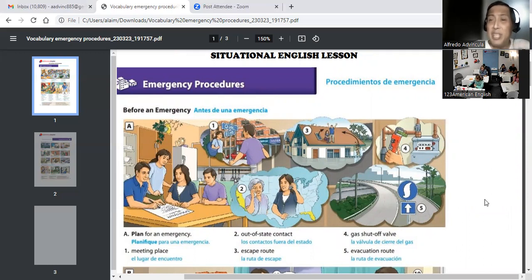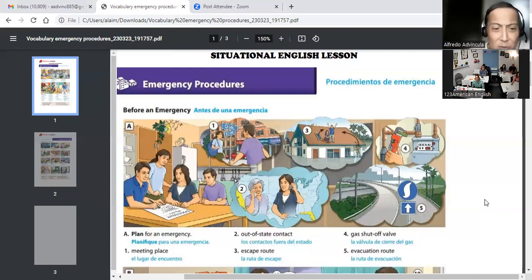This is a good time for planning because you're not in a rushed panic state. You have a clear mind, and you can sit down with the important people in your life, your family members, as we can see here in the picture, and you can develop all types of plans.